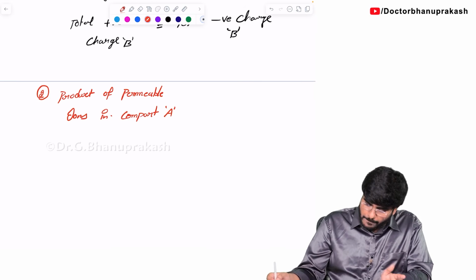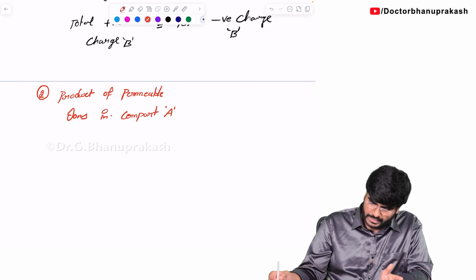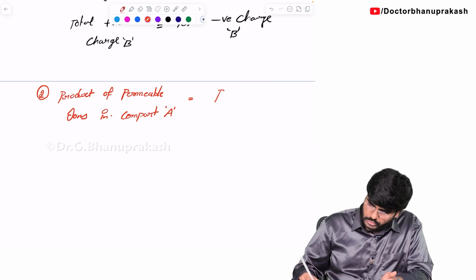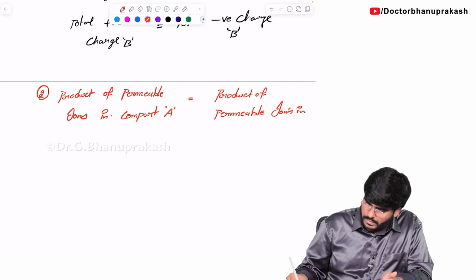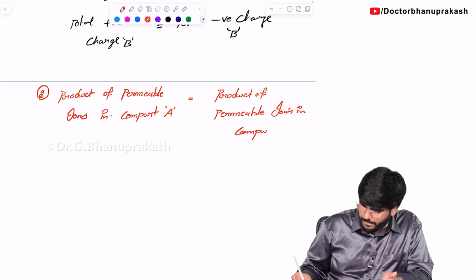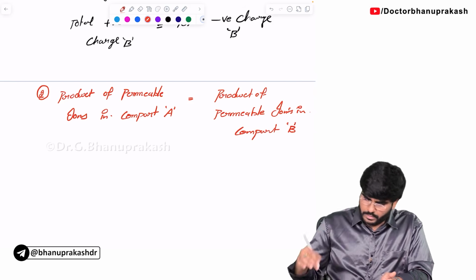The product of permeable ions in compartment number A is equal to the same product of permeable ions in compartment number B. Let me prove this for you.